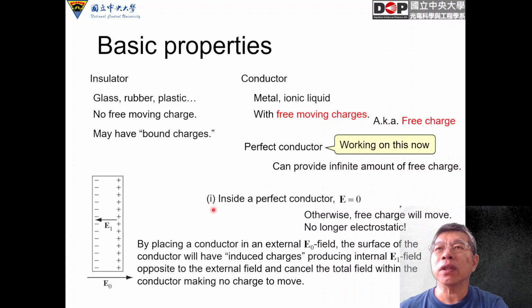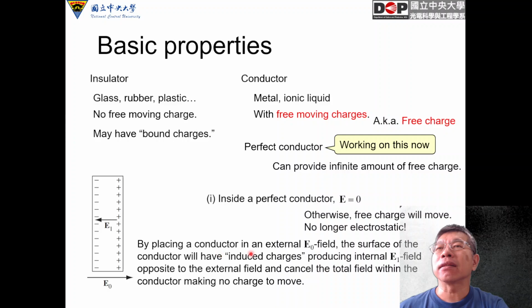Okay. Inside a perfect conductor, this is a rule you should know: the electric field is zero. There's no electric field inside a perfect conductor. Otherwise, free charge will move, and it would no longer be electrostatic. So under the electrostatic condition, there's no field inside a perfect conductor.